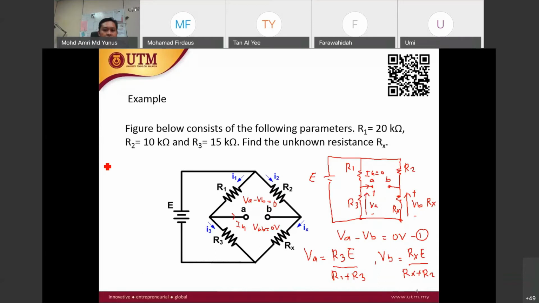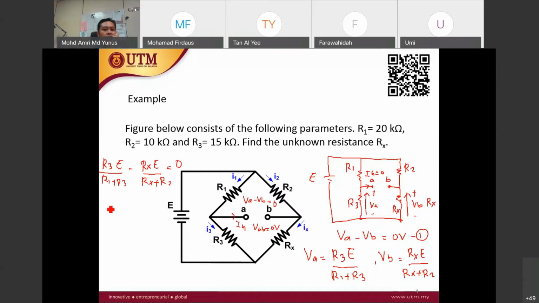So we get R3 over R1 plus R3 multiplied with E, minus Rx multiplied with E over Rx plus R2, equivalent to 0.